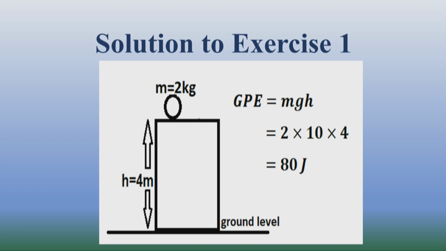Gravitational potential energy is mgh, and this is 2 multiplied by 10 multiplied by 4, which equals 80 joules.